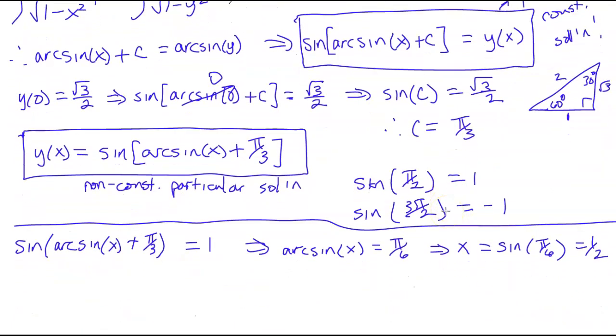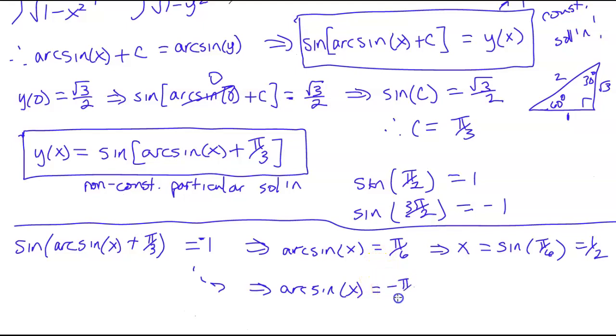If we did the same thing here and said sine of arcsine of this is equal to negative 1, so I'll just go ahead and switch this here. If it's equal to negative 1, then that would mean that arcsine of this, we could, I guess, make it real simple.